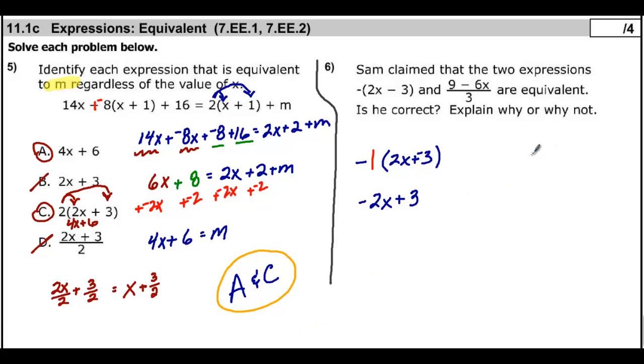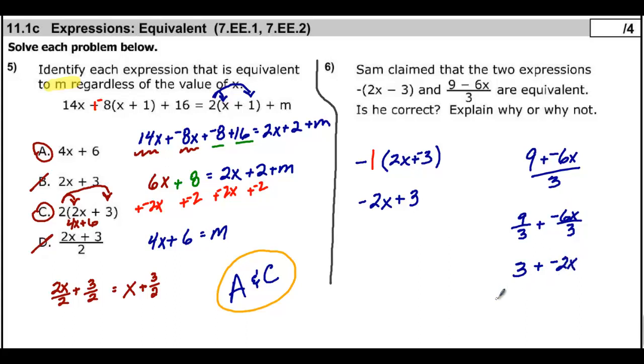On the other side, we have 9 plus negative 6x divided by 3, which means we have 9 divided by 3 plus we have negative 6x divided by 3. 9 divided by 3 is 3 plus negative 6x divided by 3 is negative 2x.